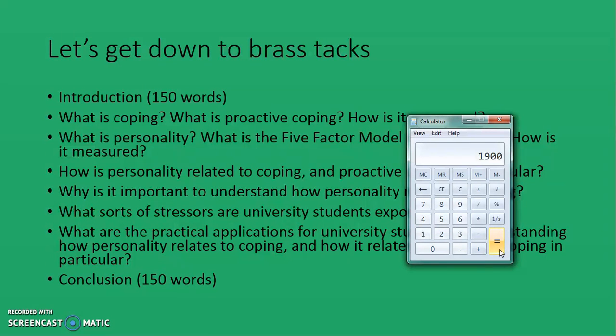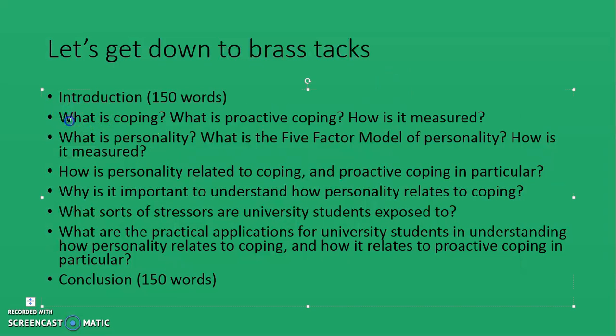I know that still seems like a huge amount, so let's break it down even further. In the assignment guide, there is a suggestion that you focus in on some key areas, and there should be about 6 in total. So we've got: 1, what is coping; 2, personality; 3, the connection between personality and coping and proactive coping; the importance of understanding why personality relates to coping; stresses university students are exposed to; and the practical applications.